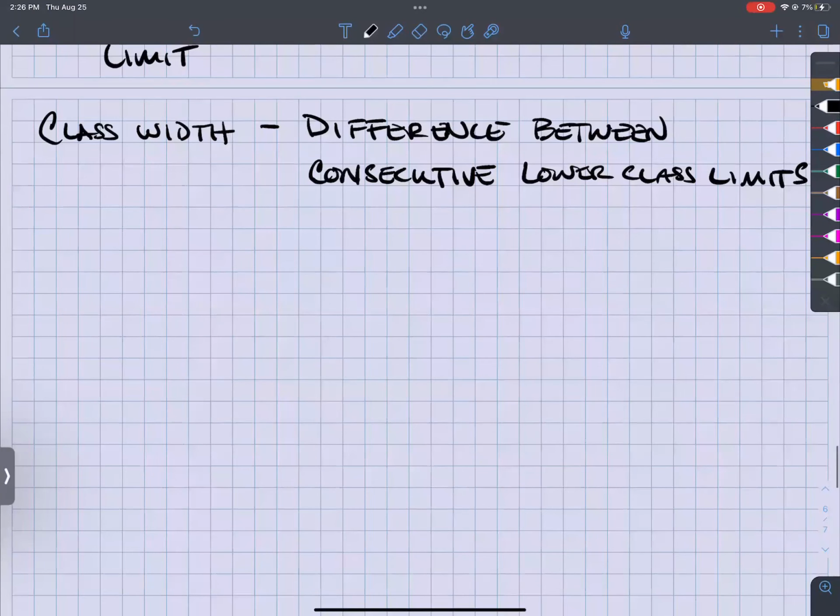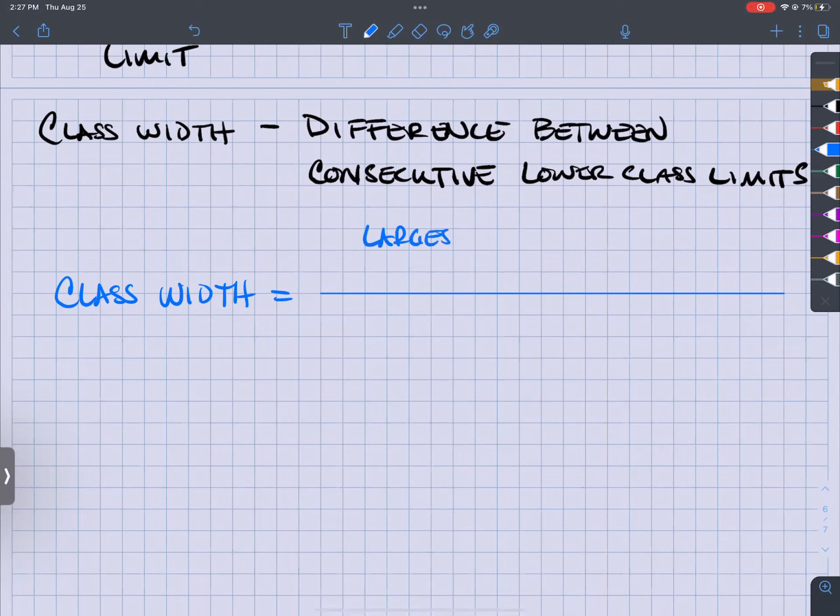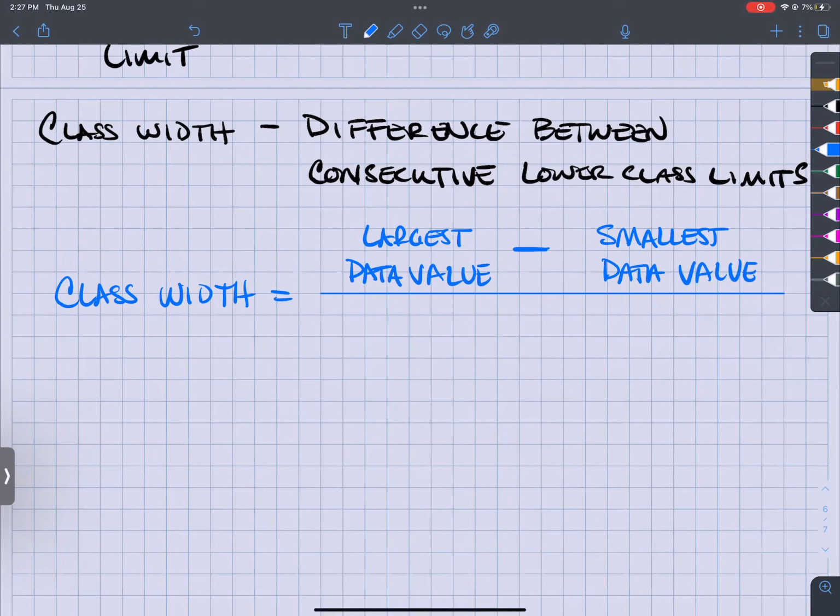So why do I think it's weird? Because they then continue on to give you a formula for class width, which is the largest data value minus the smallest data value divided by the number of classes.